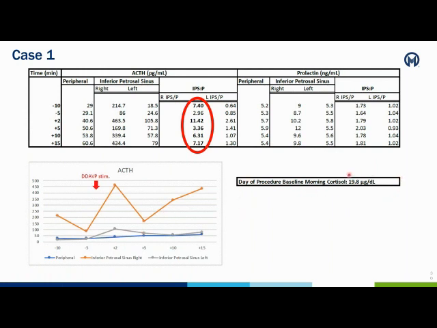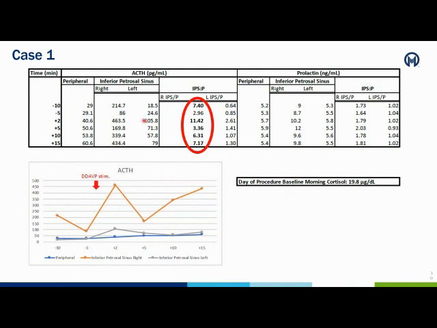One thing I forgot to mention is we always check the morning cortisol the day of the procedure, and if that's below 10, we do not do the procedure because that may lead to a false negative test. So we often wait for that morning cortisol before heading back to the procedure room.